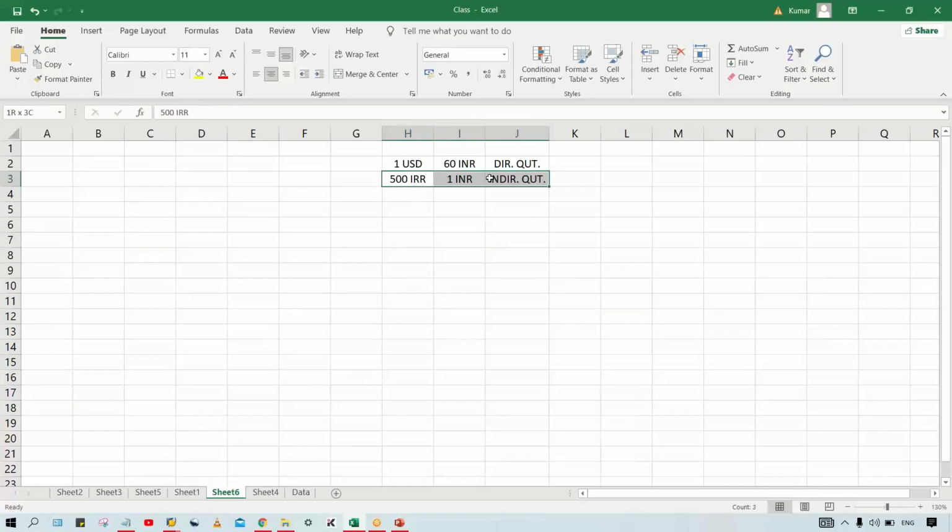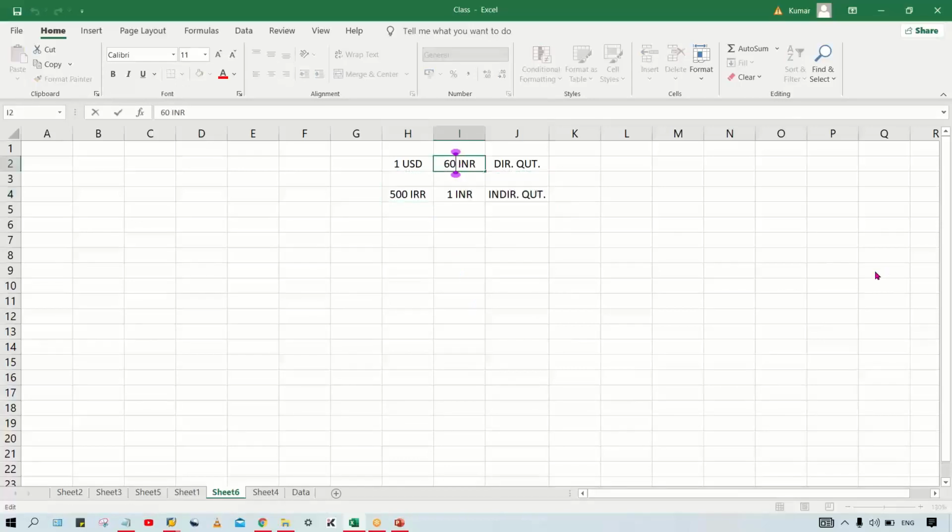Now, actually, guys, what I said, it is better to keep 10, so the calculation will be easy. So direct quotation means 1 USD equals 10 INR, or 1 INR equals how many USD, guys? 1 divided by 10, it is going to be 0.1.